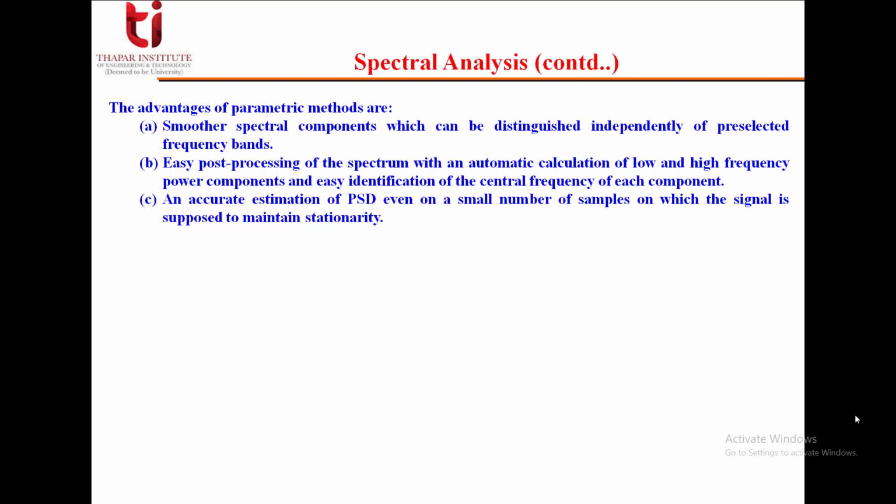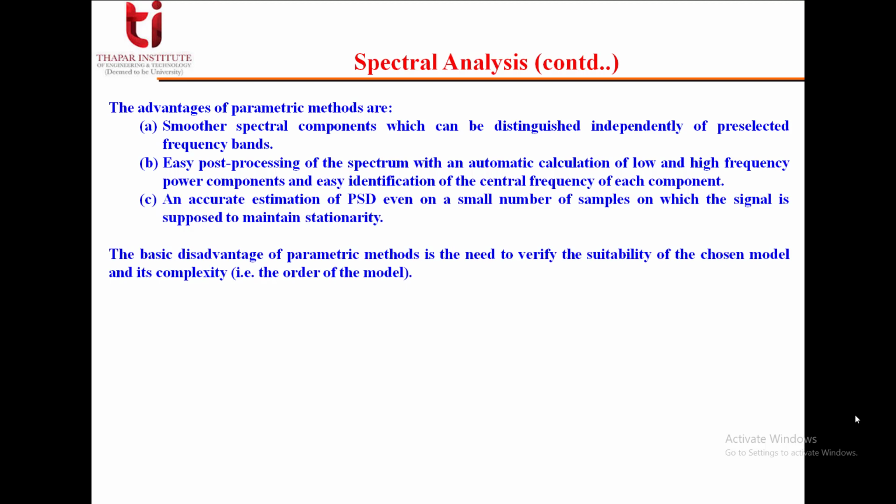Also, it produces an accurate estimation of power spectral density on a small number of samples on which the signal is supposed to maintain stationarity. The basic disadvantage of parametric methods is the need to verify the suitability of the chosen model and its complexity, that is the order of the model.